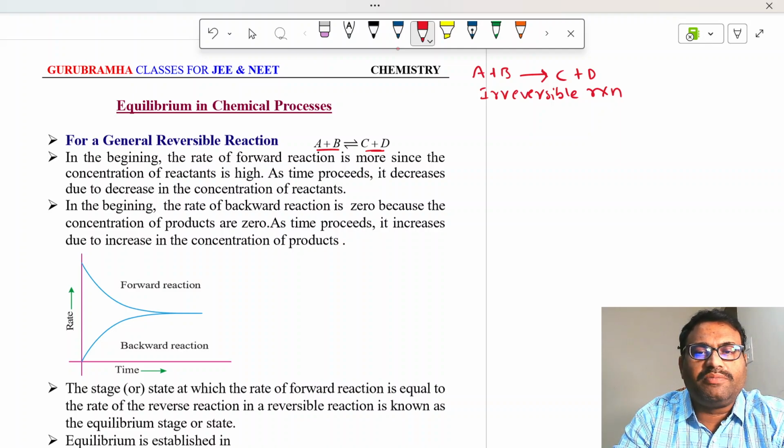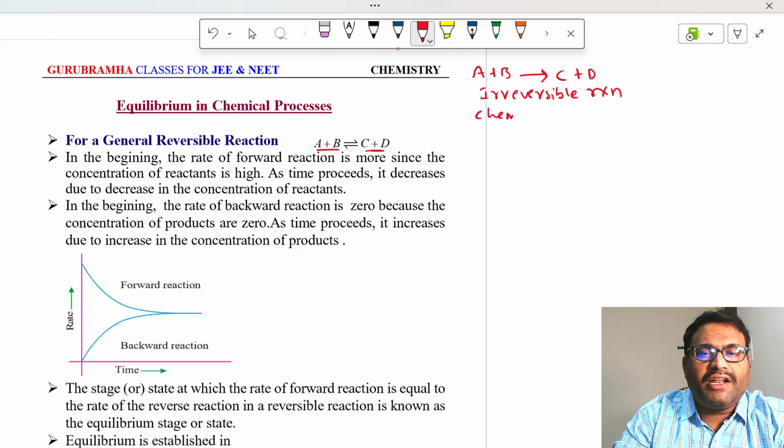Why is it not possible? For a reaction to attain chemical equilibrium, there should be both a forward reaction and a backward reaction. In an irreversible reaction, we have only the forward reaction, so chemical equilibrium cannot be obtained in an irreversible reaction.